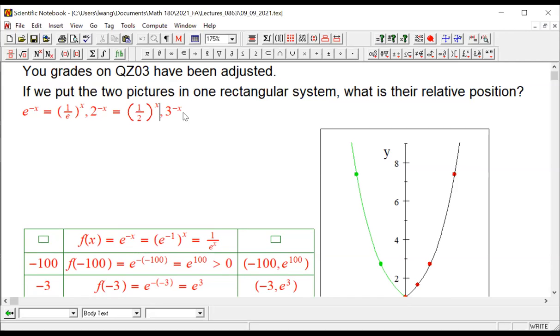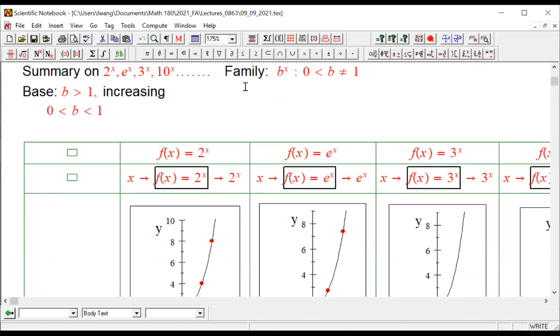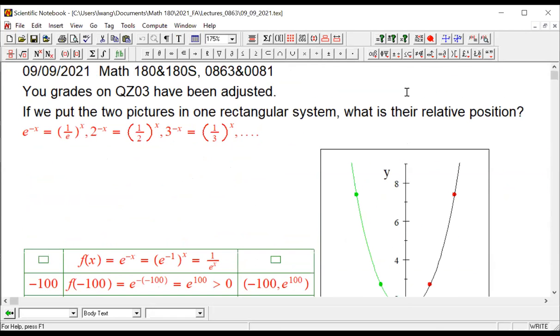And 3 to the power negative x is really 1/3 as the base. You guys see that? 1/3 is the base, and so on and so forth. So for all of these bases, remember the family is defined as b larger than 0, not equal to 1. They're all fitting in that category.